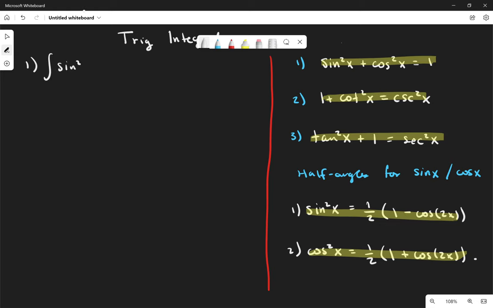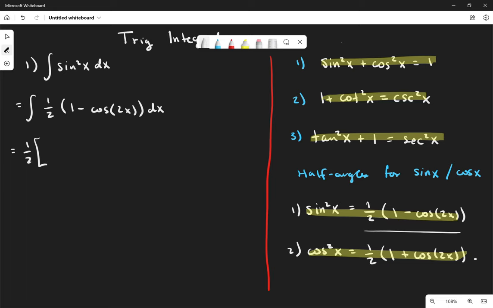For example, we can integrate sine squared x really easily because we have another form that's so much easier. This is the integral of 1/2 times 1 minus cosine 2x. I can take the 1/2 out and then integrate everything separately. I'm doing a couple steps at a time.